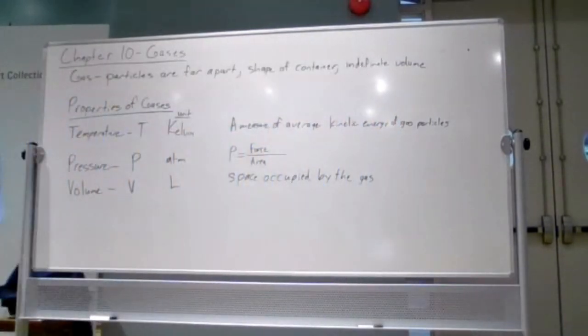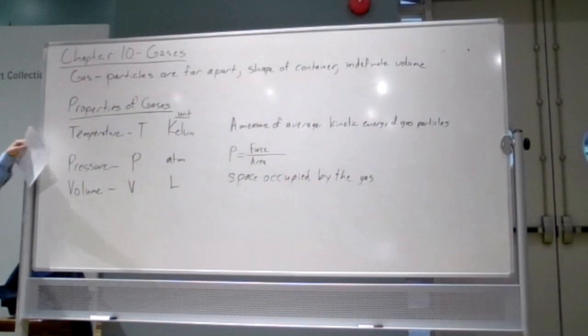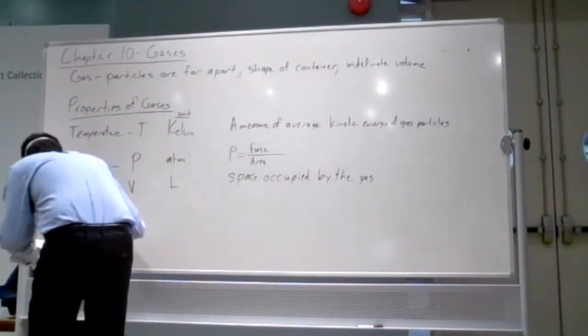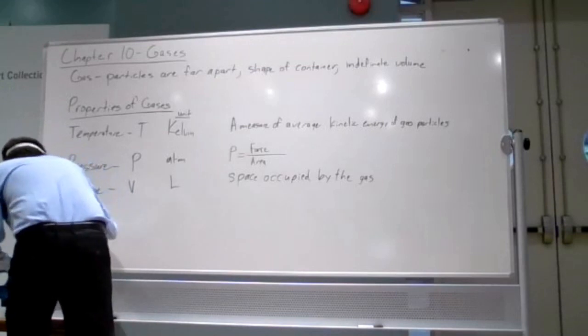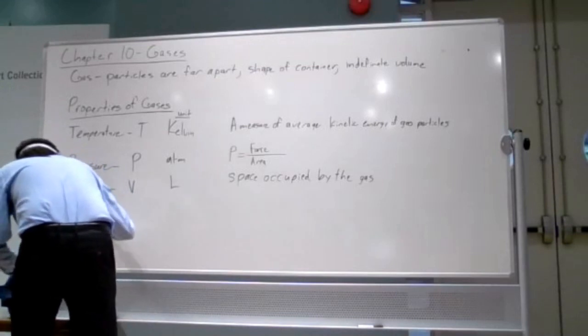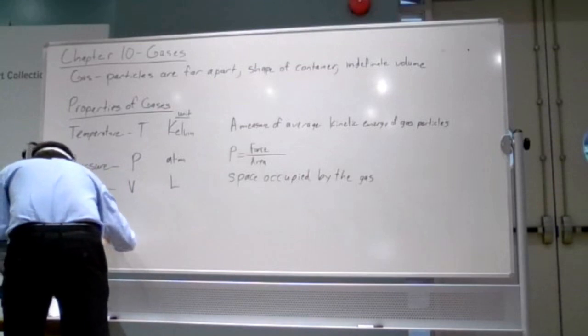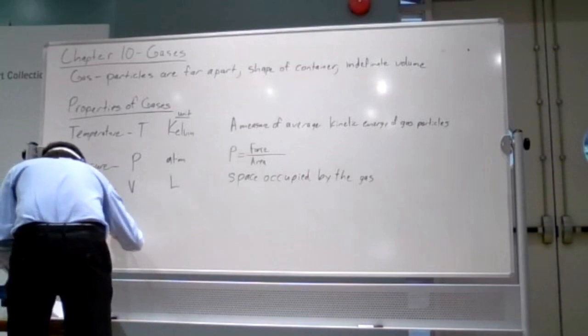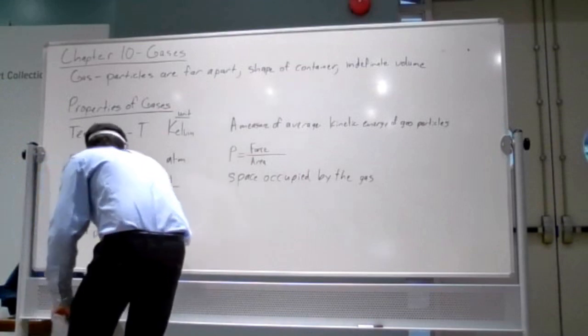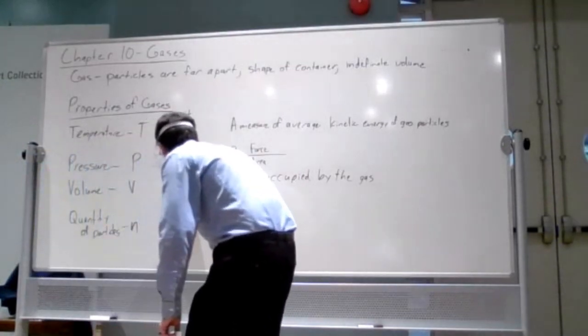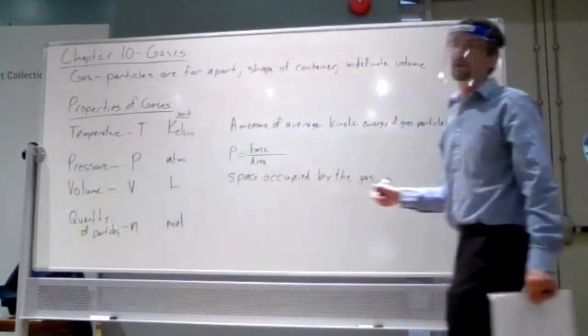Okay. And last one, really big one, important one in chemistry. What do you think we're going to keep track of? Yeah, moles. So moles, quantity of particles. We give the symbol n, little n, moles, and that's pretty self-explanatory, right?